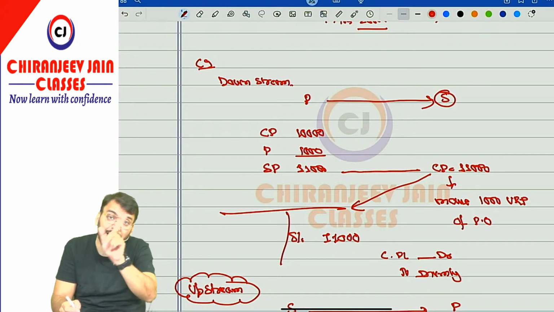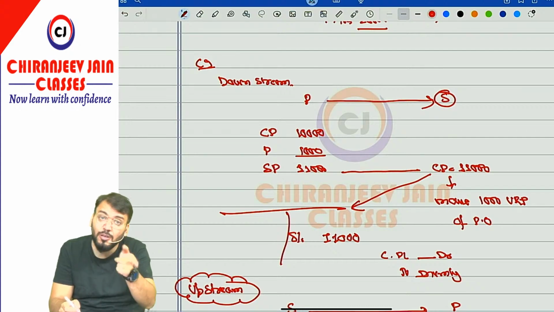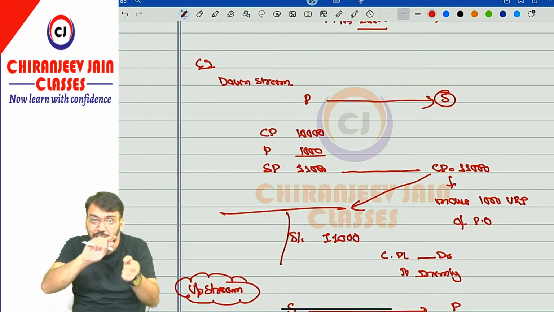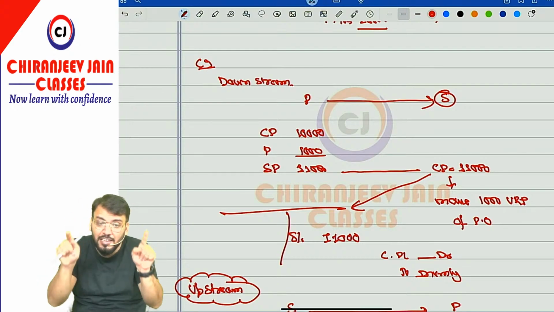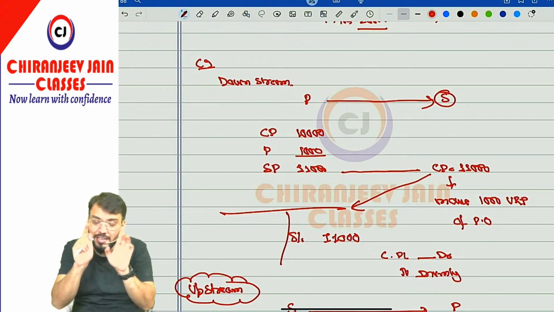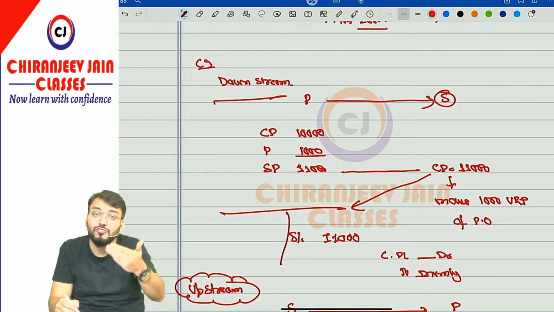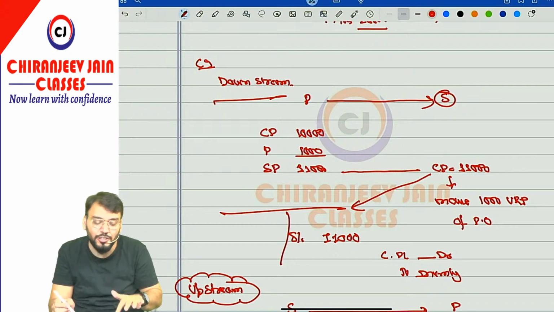So the profit of the parent company is eliminated not from post acquisition profit. Post acquisition profit is of the subsidiary company. Pre and post, whatever we are calculating, that analysis of profit is of the subsidiary company. So if this is a downstream transaction, directly deduct from consolidated PL. Be careful about this point.